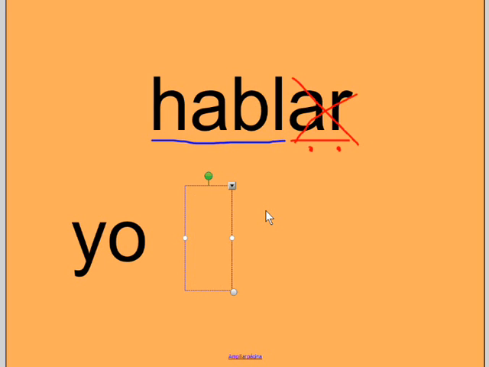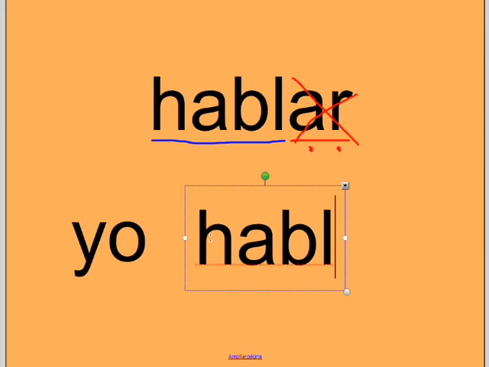So to say I spoke in the past tense, we say yo, using the stem, and then we add the conjugation and the ending for the yo form of AR verbs in the preterite, which is E with an accent, A, to form hable.